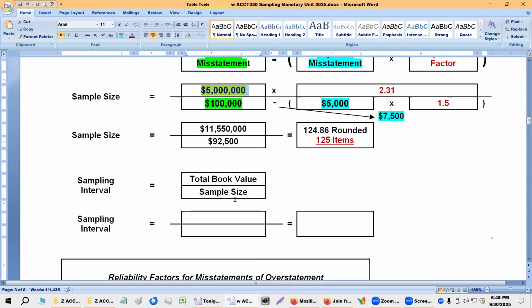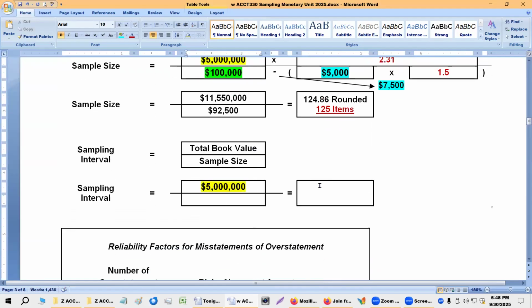So 5 million in our total, we're divided by 125 items. Hey, this one I think comes out nice and clean, doesn't it? Yeah. So our interval will be 40,000.